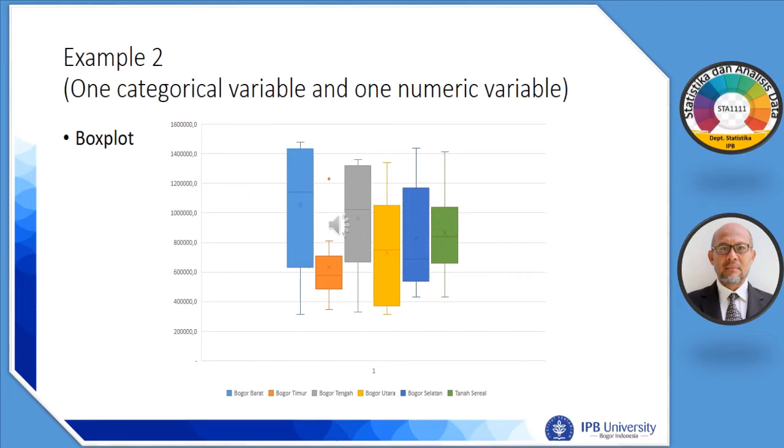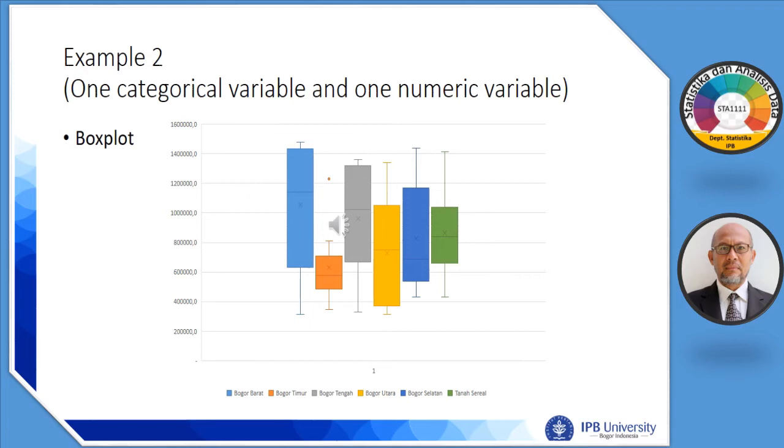For example, this is the box plot from the 6 sub-districts in Bogor. From this box plot, you can describe, for example, in which sub-district the respondents have the smallest expenditure for electricity. You can see that it is in Bogor Timur or East Bogor.